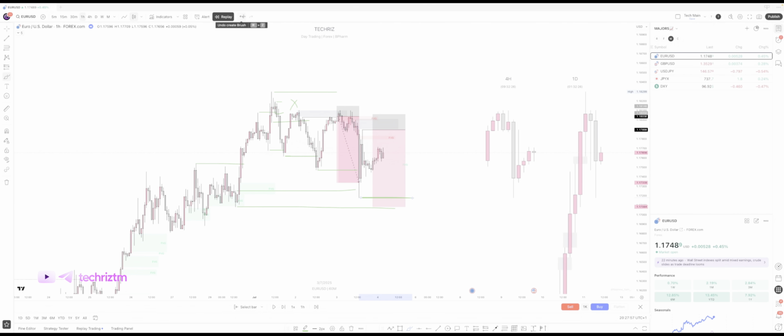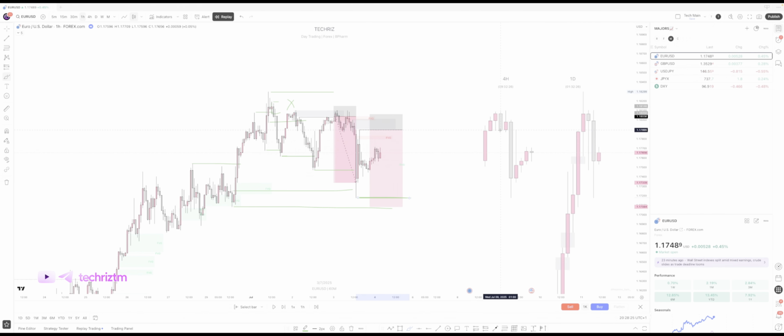So just pointing that out, because there's a difference between subjective targeting and objective targeting. Subjective targeting is targeting where you want price to get to because of other added knowledge that you have. But objective targeting is targeting appropriately where price is drawn to, and price is drawn to the highs and the lows because they contain liquidity. So yes, even on the H4 this point of interest is very visible.